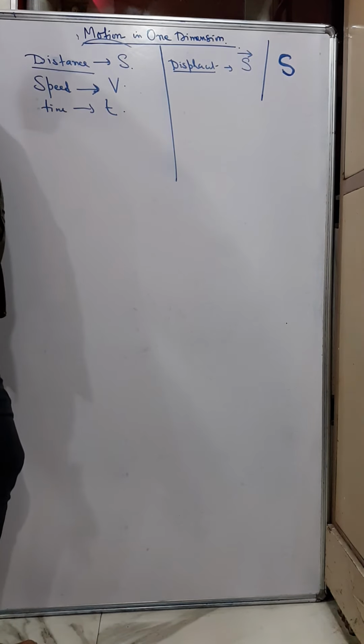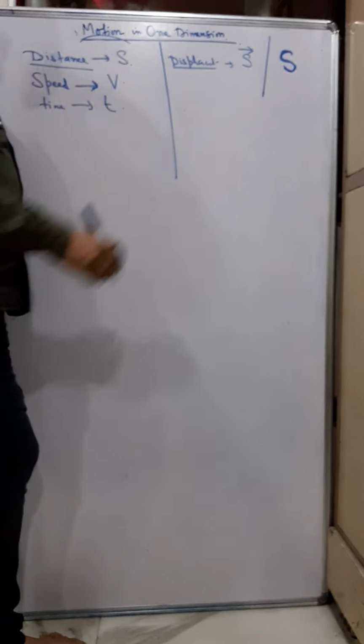So that's how we represent it. When you go through your book, you will see these signs. Similarly, velocity is a vector quantity. So here also we use v with an arrow or simply bold v.